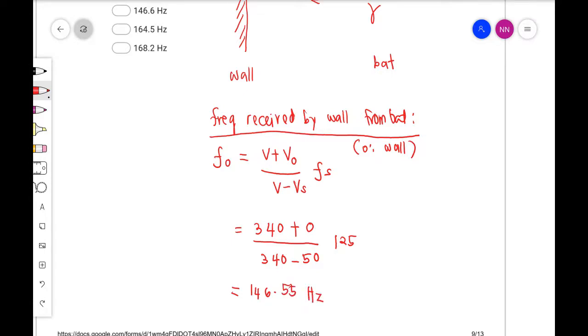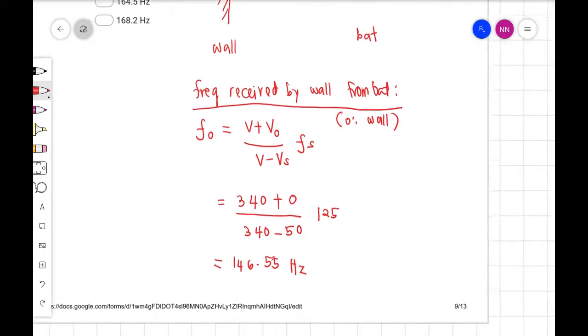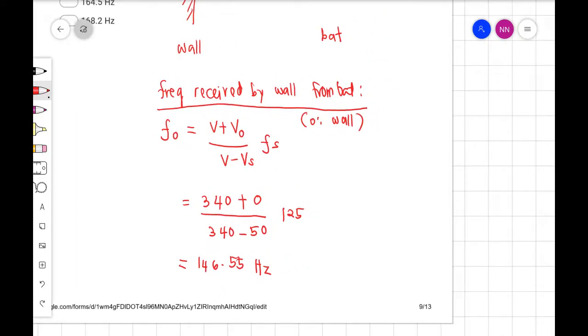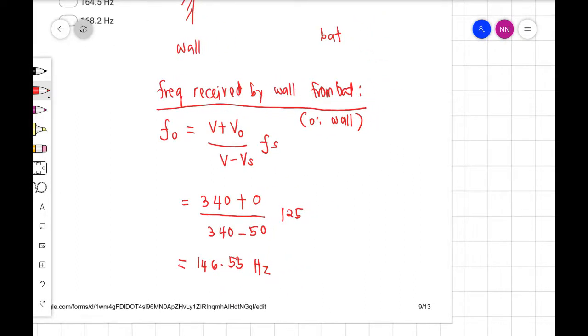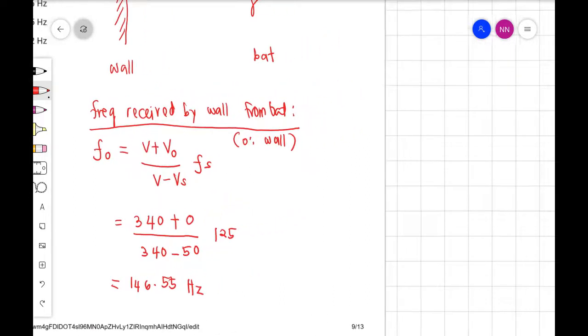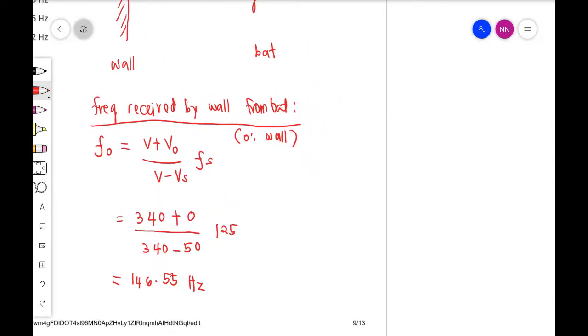And then this frequency will be reflected to the bat. So now you have to calculate the frequency received by the bat from the reflection of the wall.